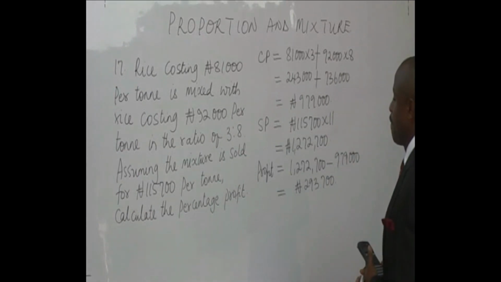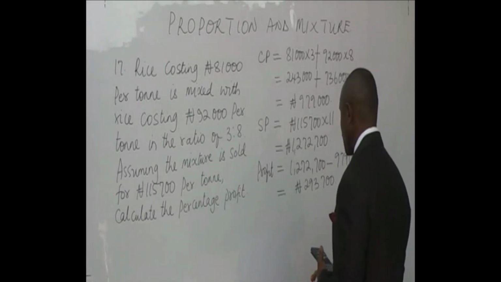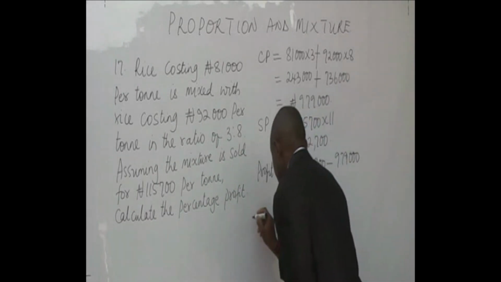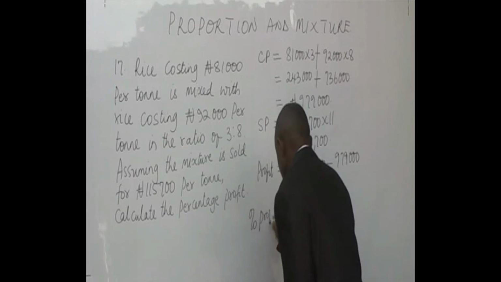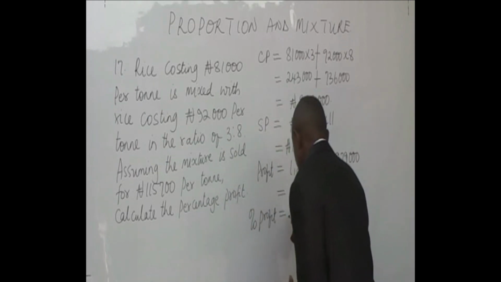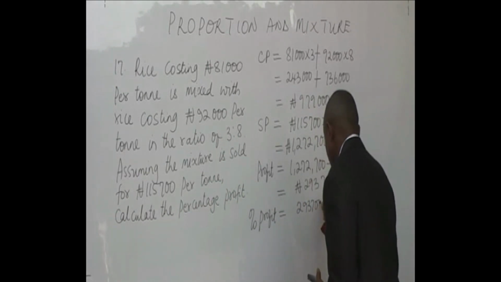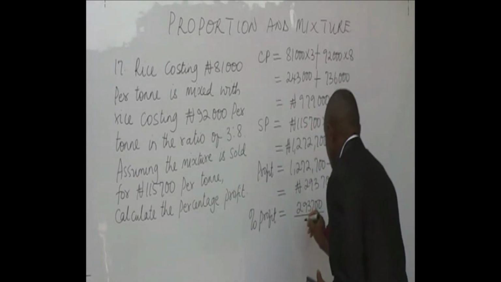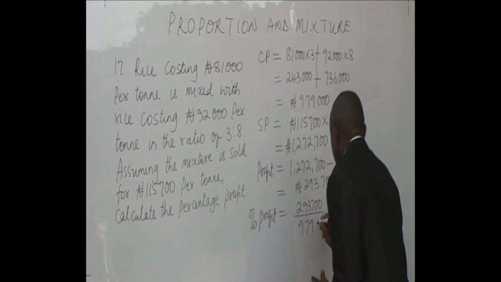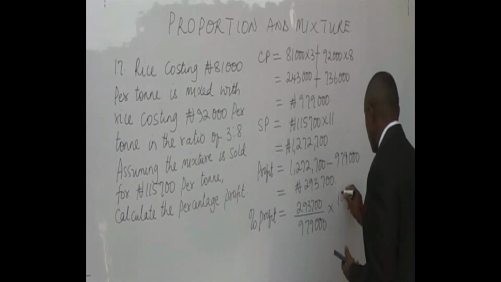Now our percentage profit is going to be our profit, 293,700, divided by the cost price, 979,000, times 100 all over 1.